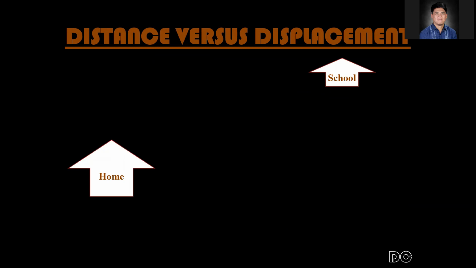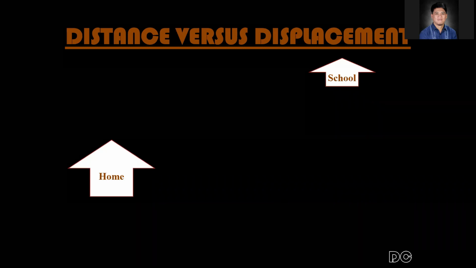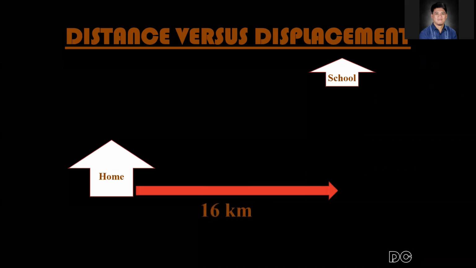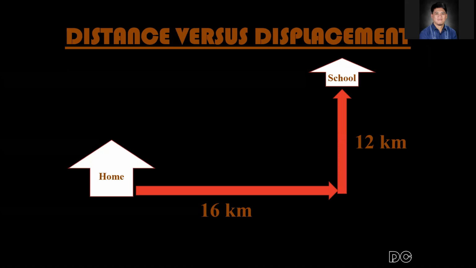For example, if you are traveling from your home to your school by land transportation, you travel 16 kilometers, then turn left and travel 12 kilometers. That is how you travel from your home to your school through land transportation.